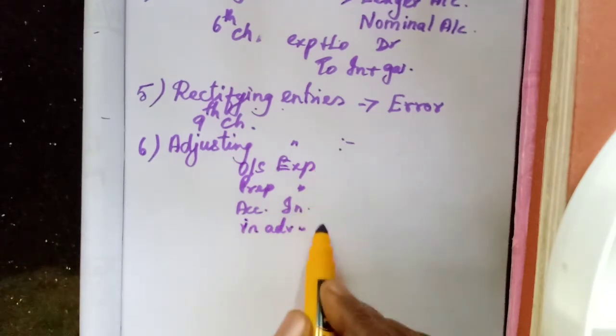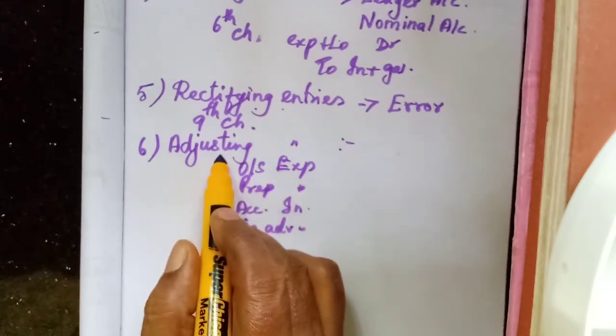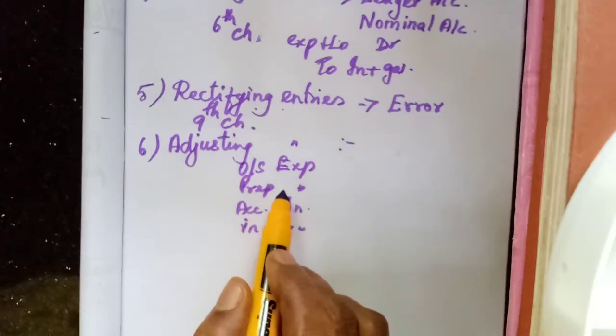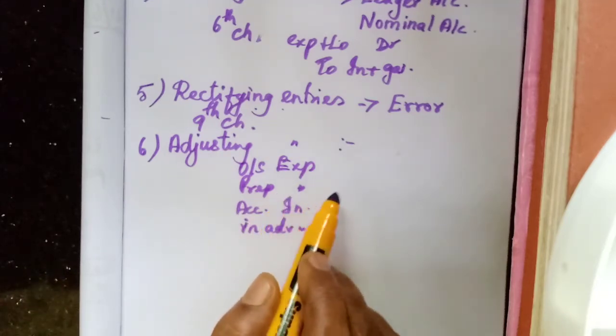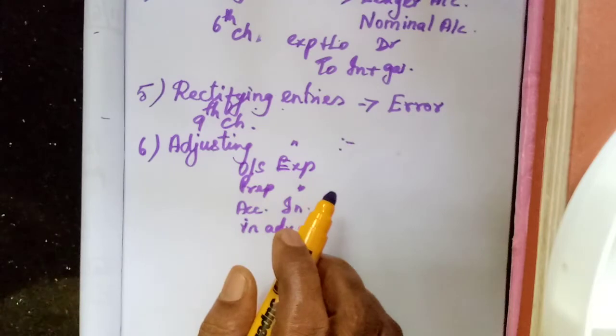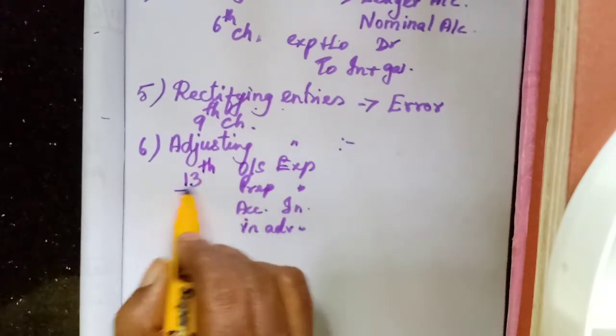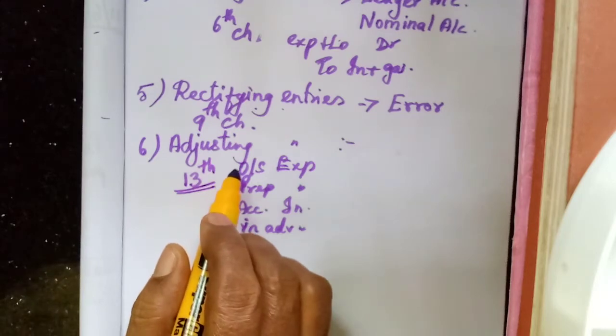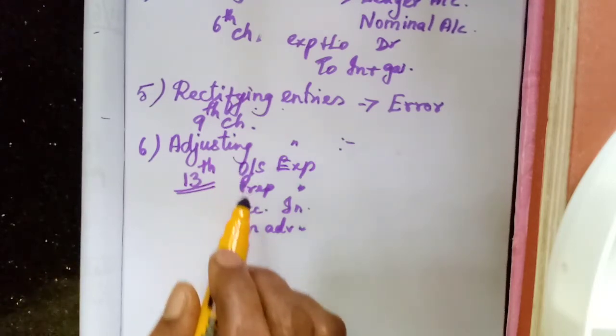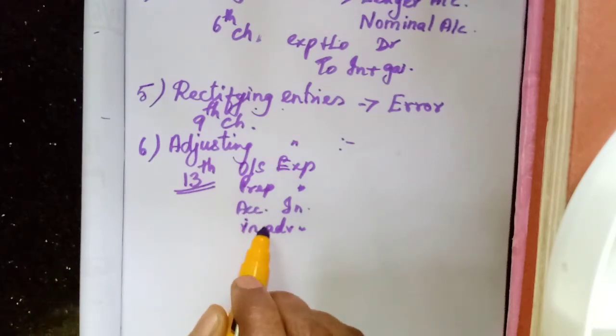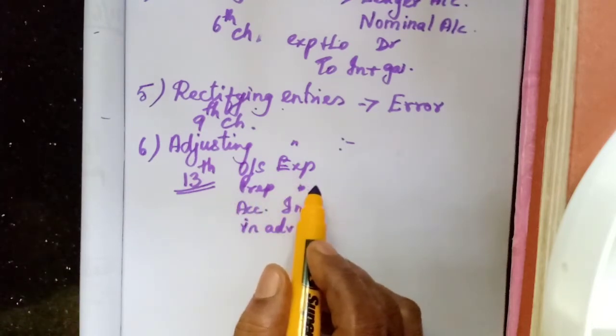For all these we have to prepare the adjusting entries. Then interest on capital, interest on drawings, all these we are going to learn in the 13th lesson. I have told you many times, when we prepare the trading and profit and loss account, we have to learn some adjusting entries. For this we have to write the journal entry.